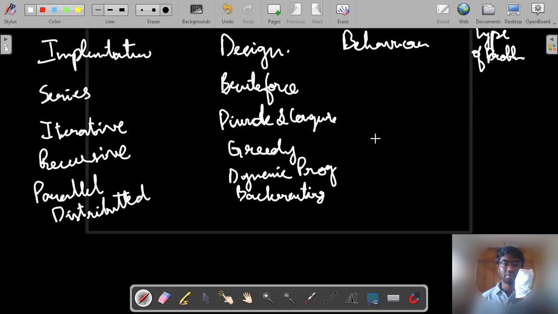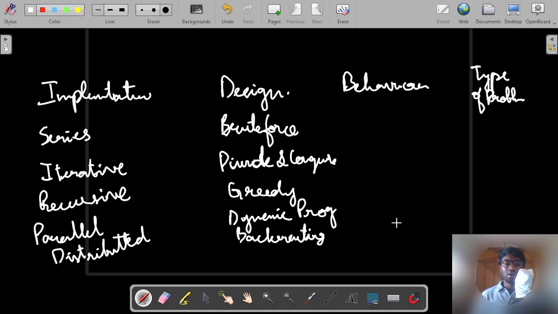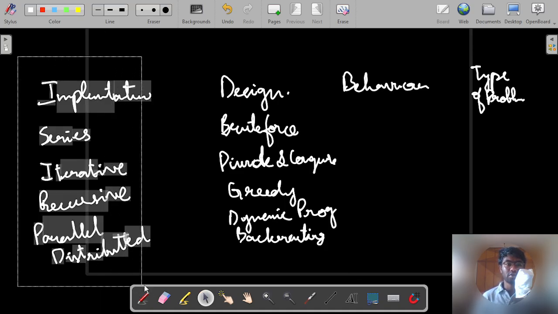So these are a few possibilities in solution design of a problem.